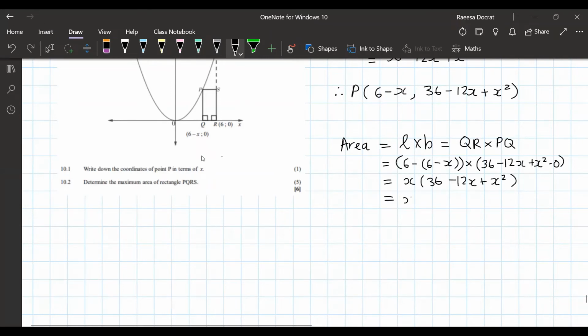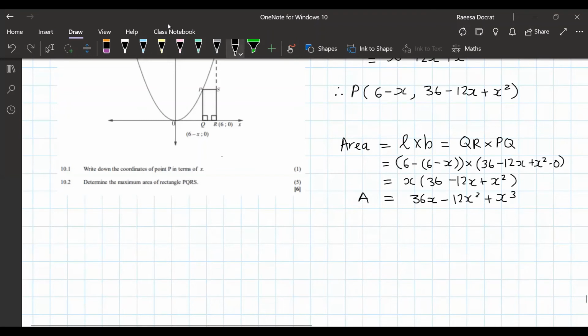Then we can distribute, so it's 36x minus 12x squared plus x cubed.